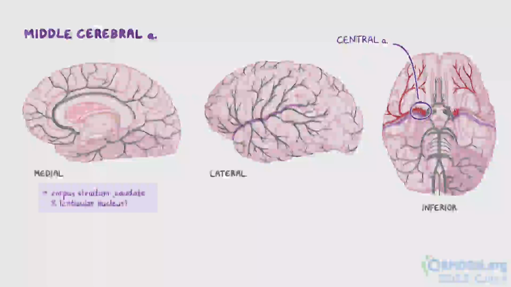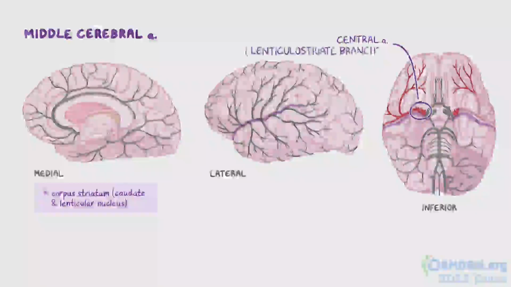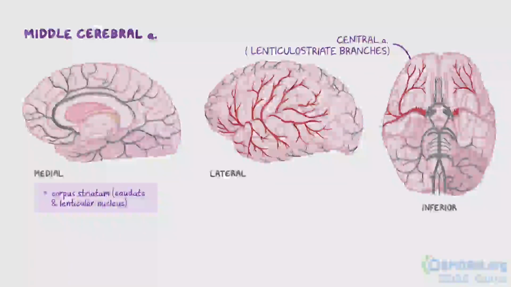This is why these central arteries are often referred to as lenticulostriate branches of the middle cerebral artery. After reaching the lateral surface, the middle cerebral artery provides a few branches that supply the lateral surface of the temporal lobe and part of the infralateral surface of the frontal and parietal lobe.